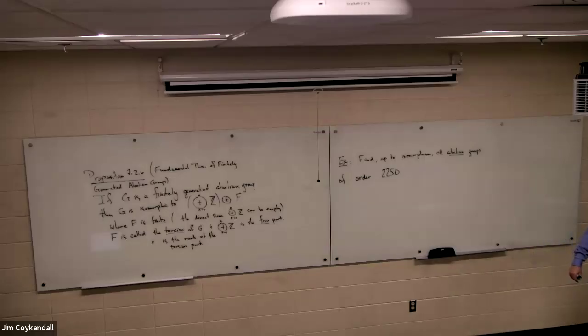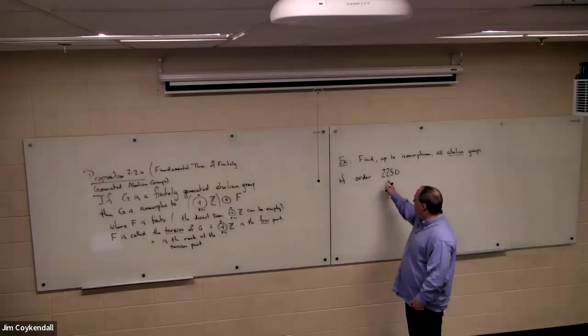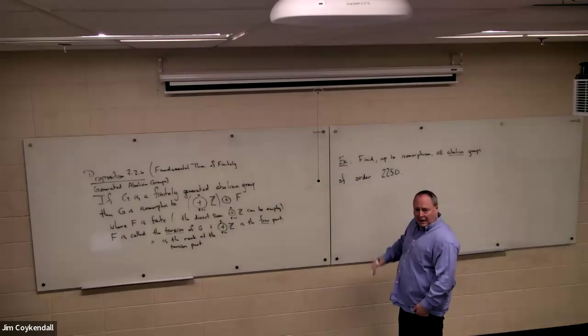By the way, if I asked you to find all groups of order 2,250 without the abelian adjective, you all should get the pitchforks and the torches and come storm the castle. That's a hard problem. It's doable, but it's very hard. The abelian part makes this a lot easier. The first thing I'm going to do is factor this down into prime powers.